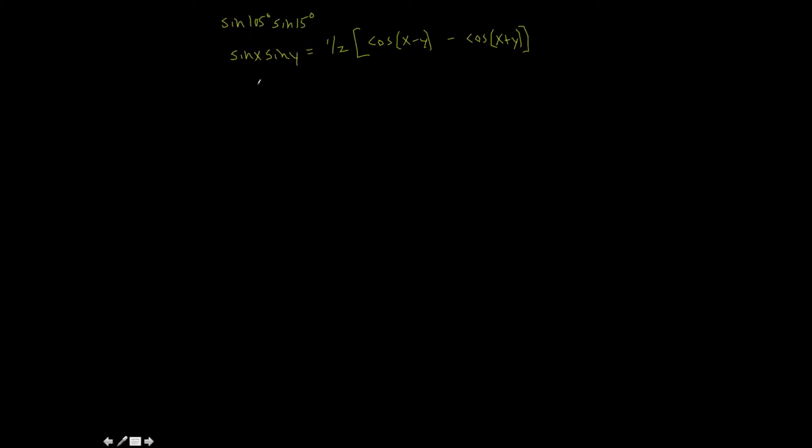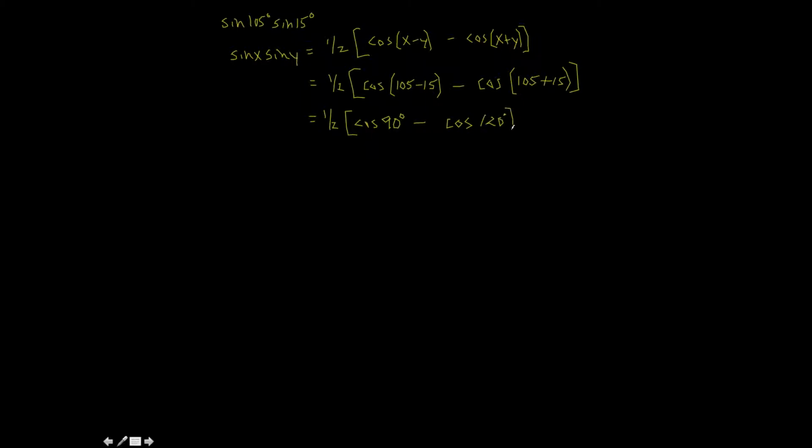So take your 105 and your 15 and plug it in. It's going to be the cosine of 105 minus 15 minus the cosine of 105 plus 15, which is going to be 1/2 of cosine of 90 minus cosine of 120.